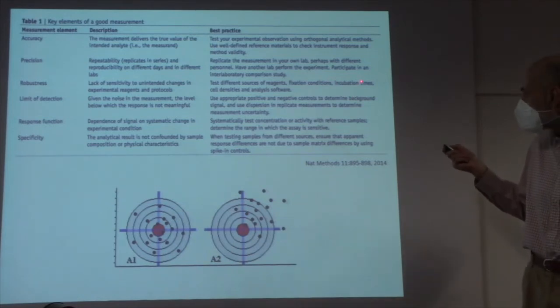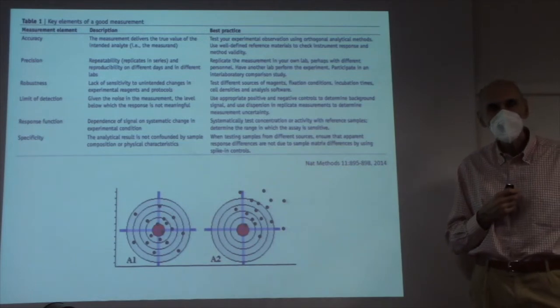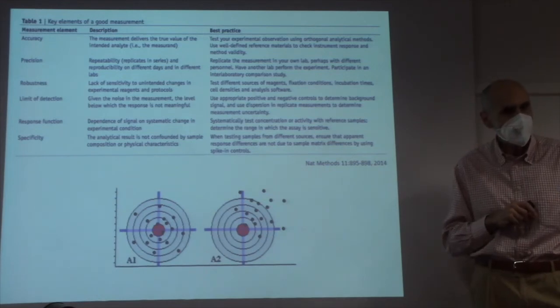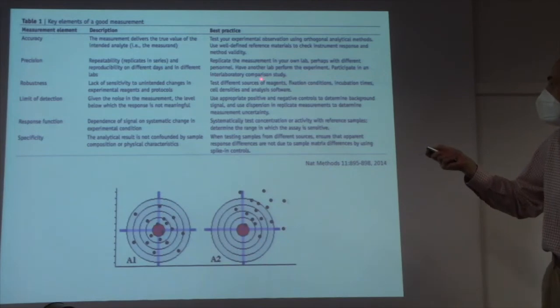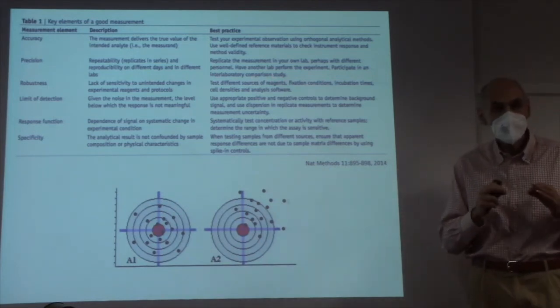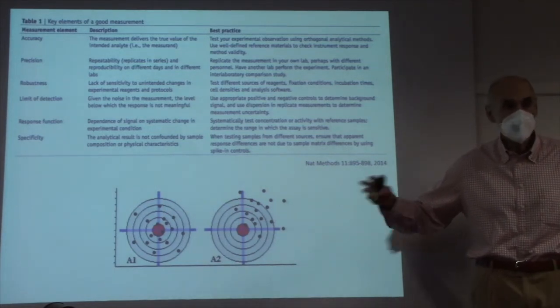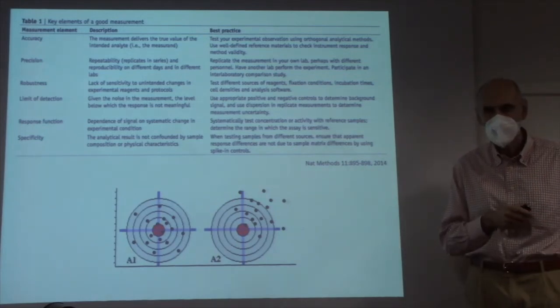And then, perhaps, if you need to have a kind of measurement that is universally acceptable, then you have to run inter-laboratory comparison studies, which means you send exactly the same material to different laboratories and see what's the difference between the measures in the various laboratories.